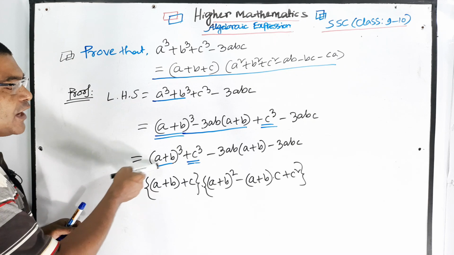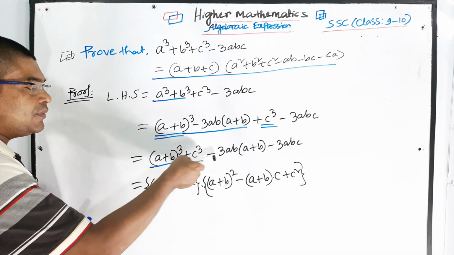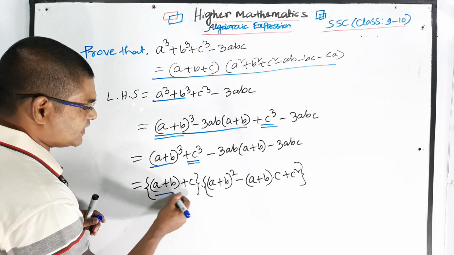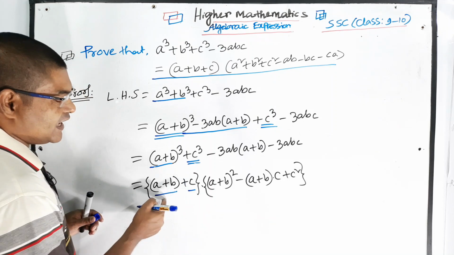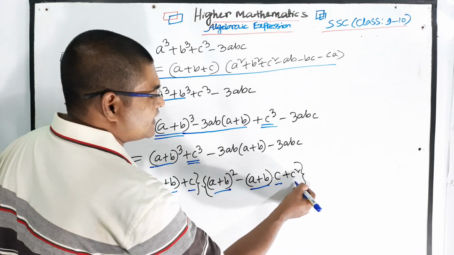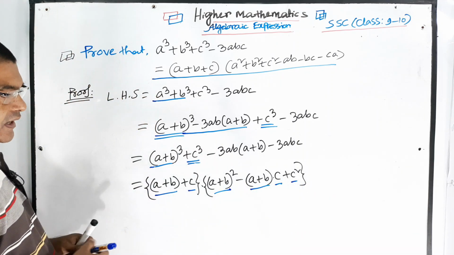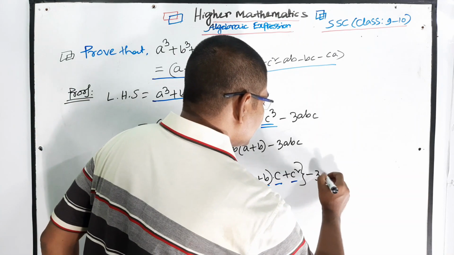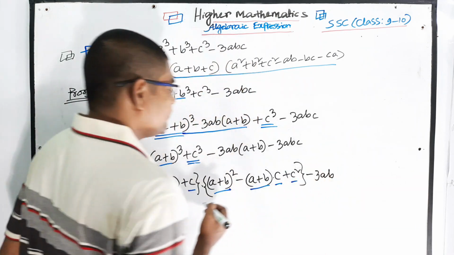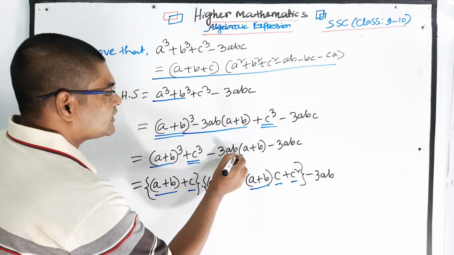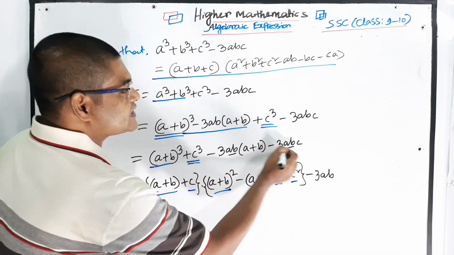So a plus b whole cube, this is a cube, this is b cube. So a plus b, you can see this position is a, this position is b: a plus b, a square minus ab plus b square. Here is minus 3ab into a plus b, here is 3ab.